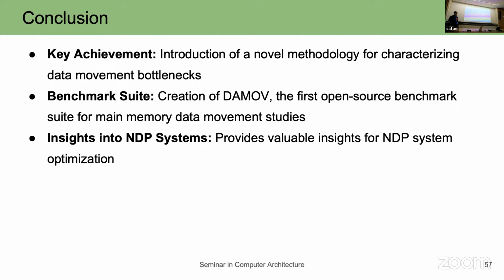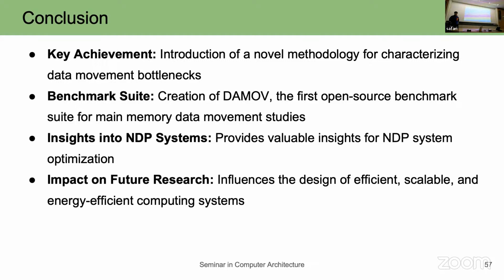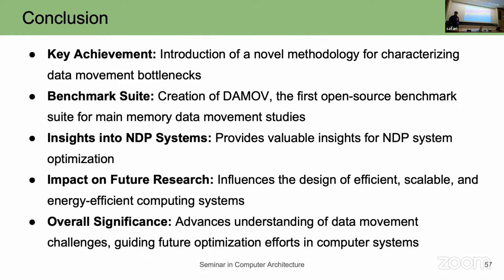It provides valuable insights into NDP system optimization and influences the design of efficient, scalable, and energy-efficient computing systems. Overall, it advances the understanding of data movement challenges, guiding future optimization efforts in computer systems.